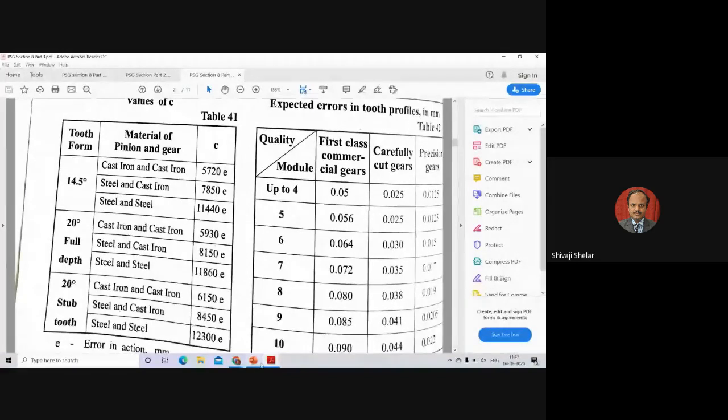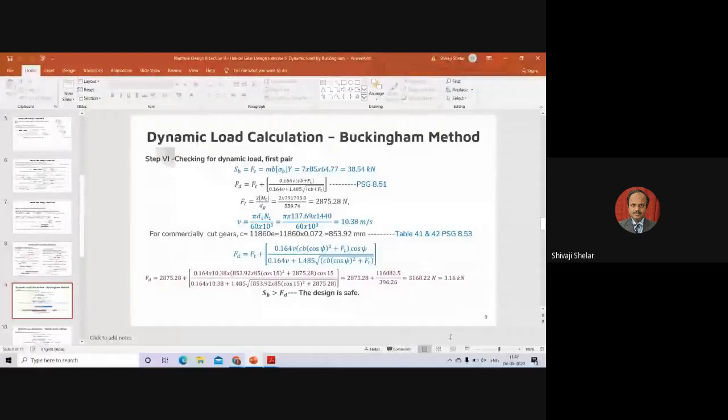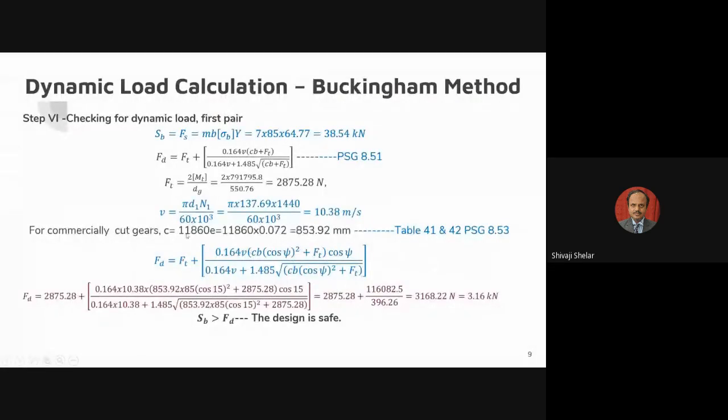That calculation we have done in the design sheet. So you can see here the design calculation C is equal to 11860 into E, that is 11860 into 0.072, that is equal to 853.92. So same value we have put in this formula.